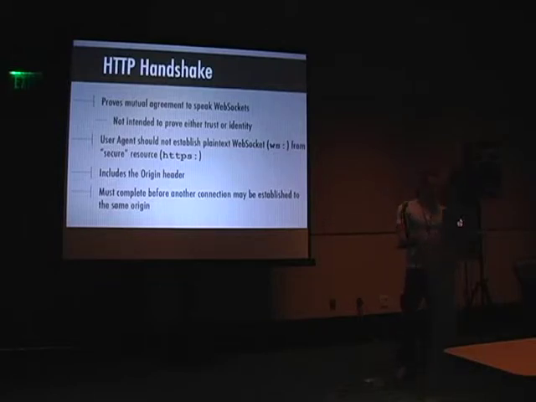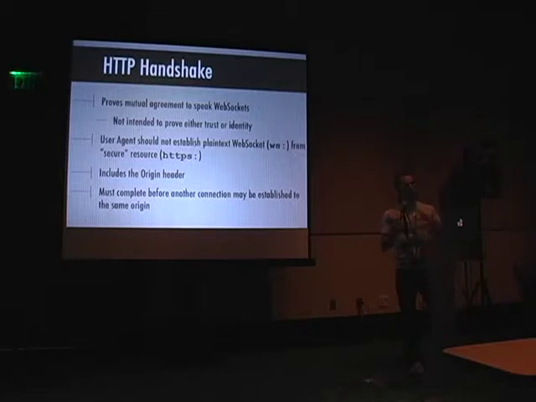So, as I mentioned, this handshake is mostly to establish that we are talking WebSocket, and then there are a few good things in the spec. One of them is you cannot establish a plaintext WebSocket connection, which is ws://, from a secure HTTPS connection.